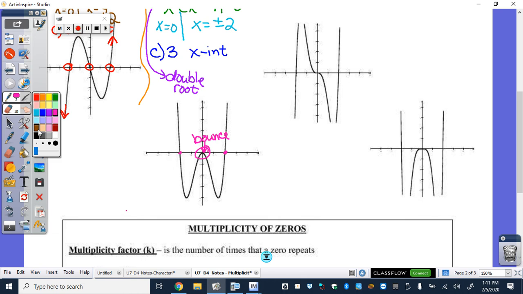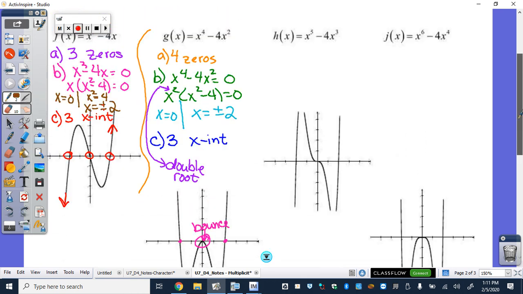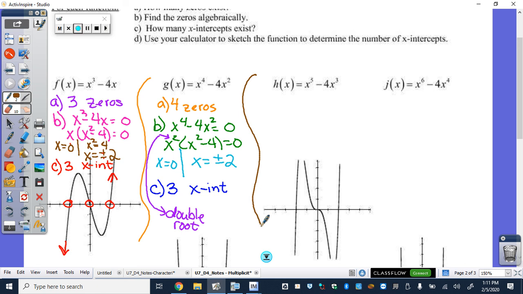Well, let's move on to our next one, h of x. So how many zeros will h of x have? 5. So I'll find those algebraically. So our GCF this time is x cubed.